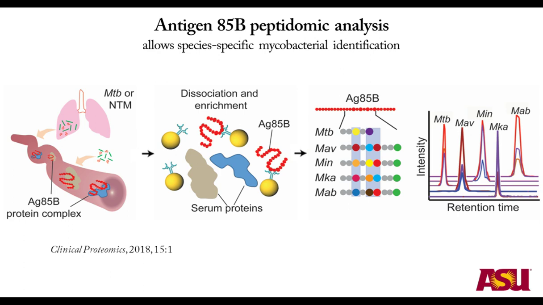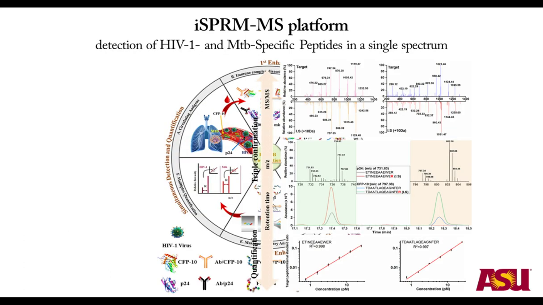We also identified the specific antigen peptide against HIV-1. Right now we can profile both the HIV-1 antigen and the MTB antigen peptide on the same spectrum, which is very useful for the clinical management of patients with co-infection.